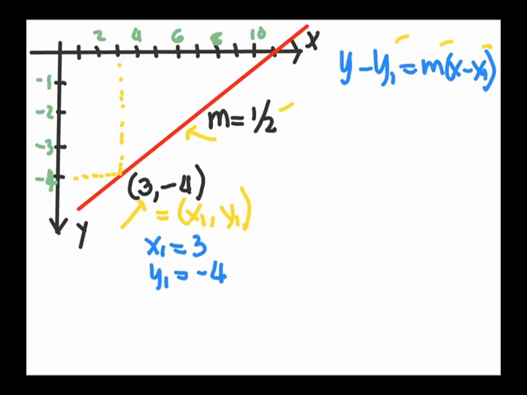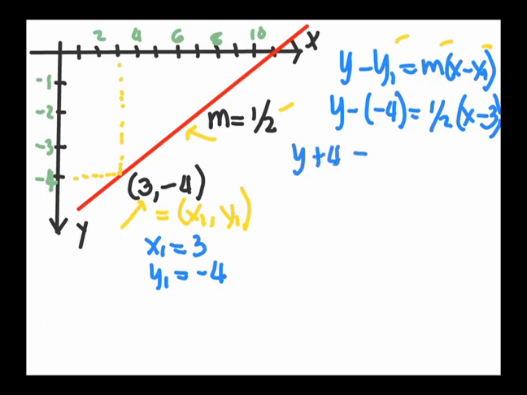So we'll have now y minus negative 4 is equal to 1/2 times x minus 3. We'll simplify further and we'll have y plus 4 is equal to 1/2 times x minus 3.